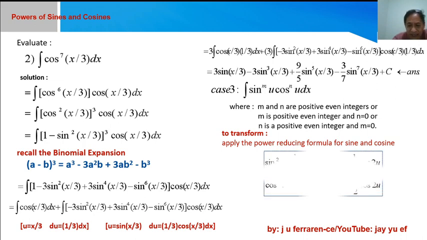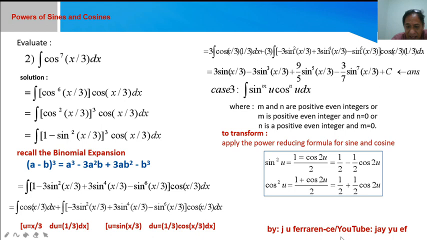Okay, so here is the power reducing formula. For sine squared u, or the square of sine u, we can replace it, by the way this is minus, with 1 minus cosine twice u, all over 2. So if this is u, just double. Or if I take every term, this is 1 half minus 1 half of a cosine of a double angle.